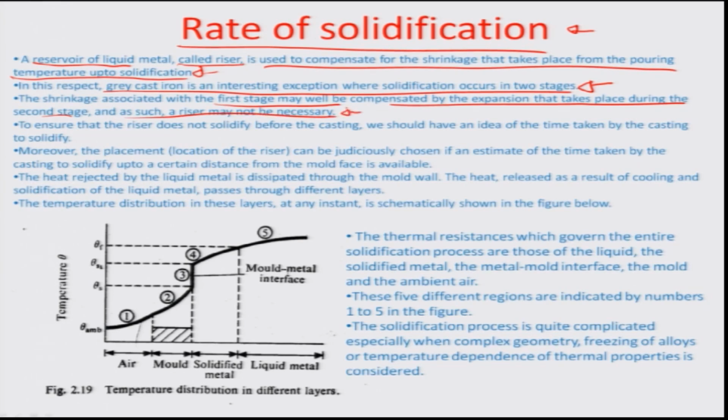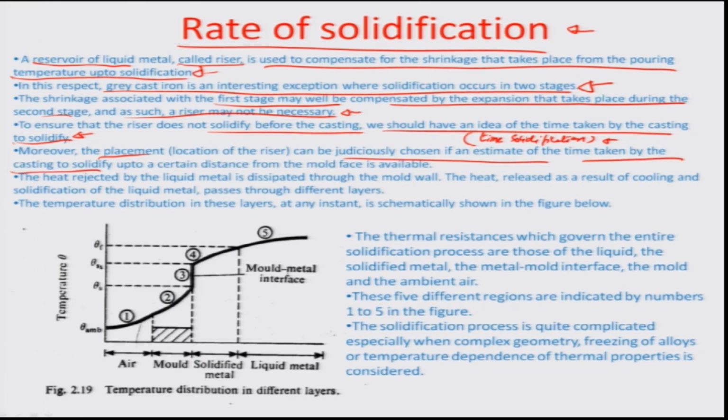And to ensure that the riser does not solidify before the casting, we should have an idea of the time taken by the casting to solidify, and therefore, the time of solidification and how you estimate it is also an integral part of the designing of the casting as to where the riser exactly would be placed based on the time of solidification. So, you can place the riser in a judicious manner, and if your correct time estimate can be obtained of solidification up to a certain distance from the mold face.